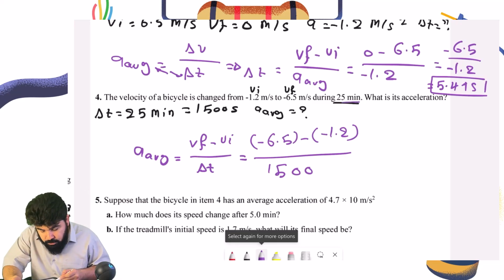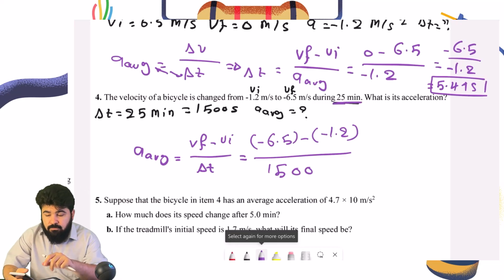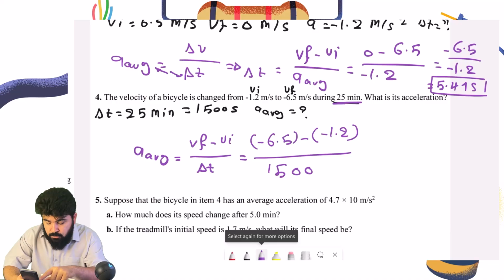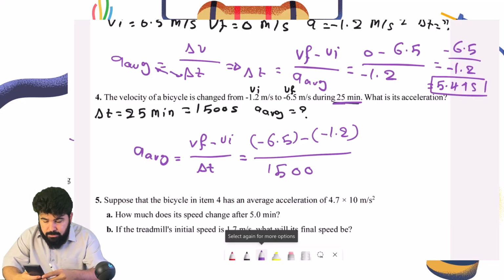I think in some books this 25 is 5 minutes. It doesn't matter, just a different number. So we have negative 6.5 subtracted by negative 1.2 and then divided by 1500 seconds.